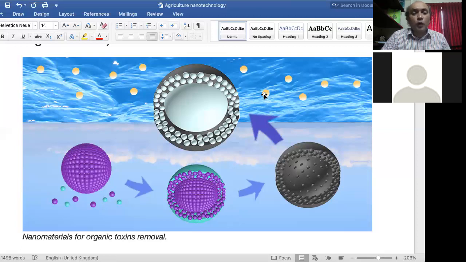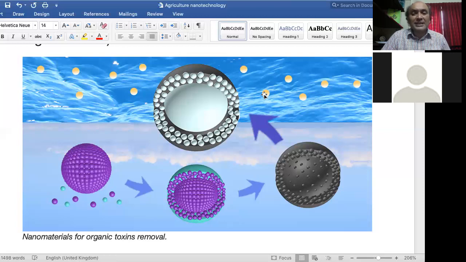Arsenic in ionic form is problematic because plants can uptake it like phosphorus or silicon through transporters, and it is a toxic molecule. So if the toxic molecule becomes insoluble by the application of nanomaterials, or is precipitated or absorbed by the nanoparticles, not allowing the plant to uptake it, then we can remediate the soil.